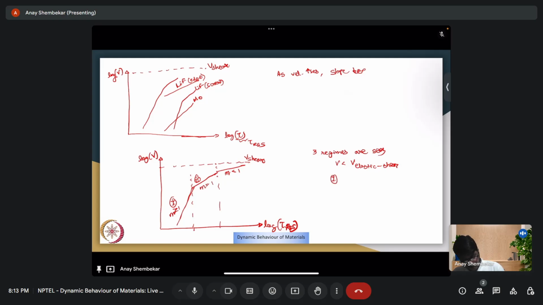So the first region is called thermally activated dislocation motion. Region 2 is called phonon drag.